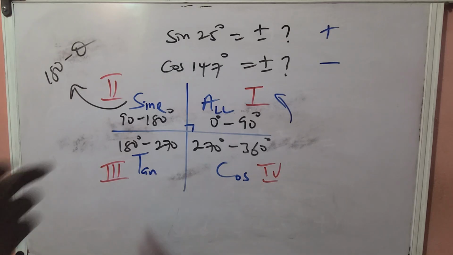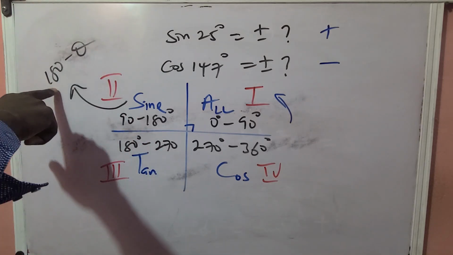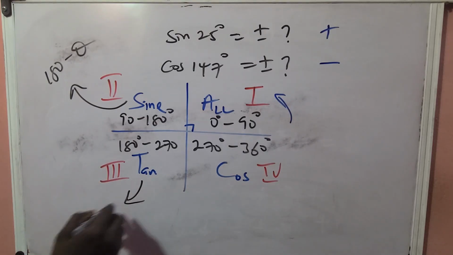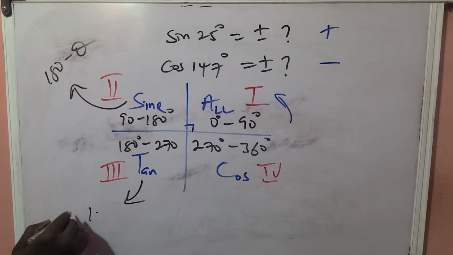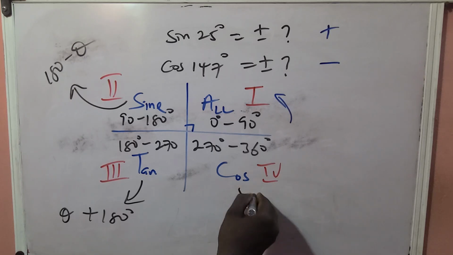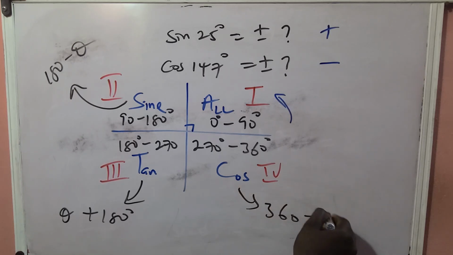So the rule that takes place in the second quadrant is actually 180 minus theta. And when we're dealing with the third quadrant, we're dealing with 180 plus theta, or theta plus 180. And for the fourth quadrant, we're dealing with 360 minus theta. That's something you have to take note of while understanding quadrants.